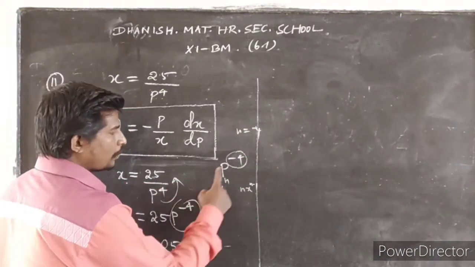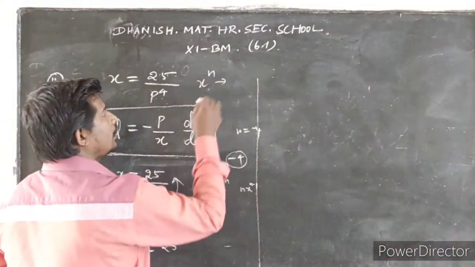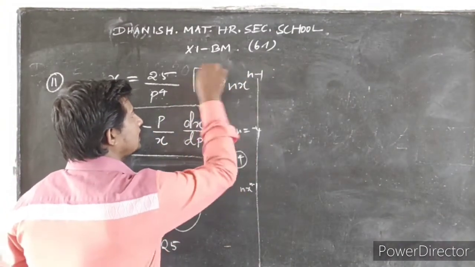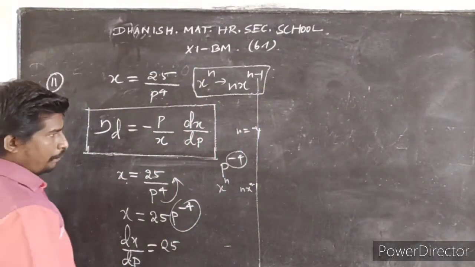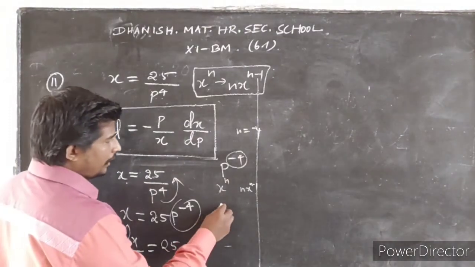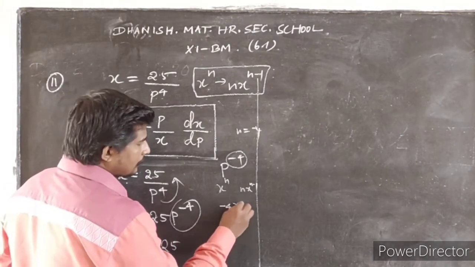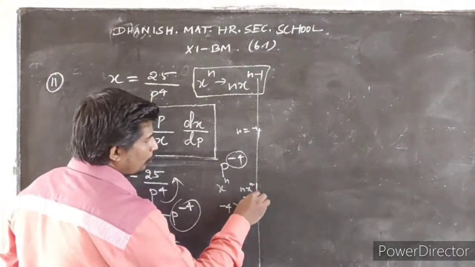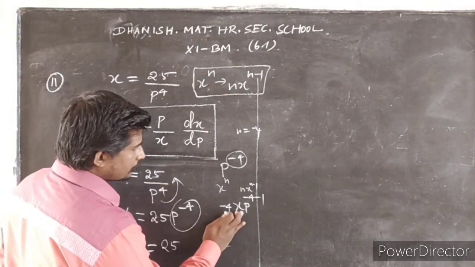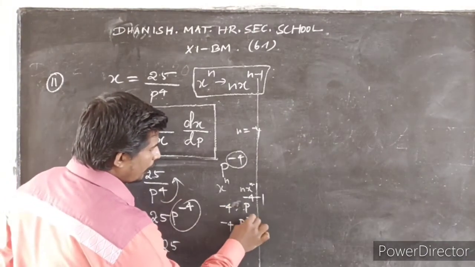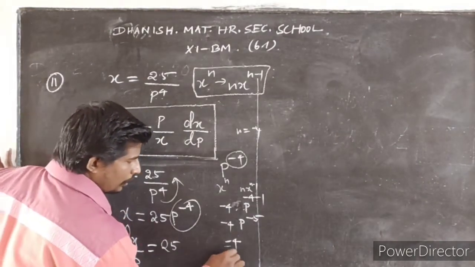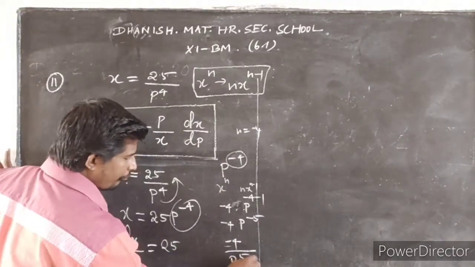By using this property, the derivative of p power minus 4 will be minus 4 times p power minus 4 minus 1, so minus 4 p power minus 5. So the next step would be minus 4 divided by p power 5.